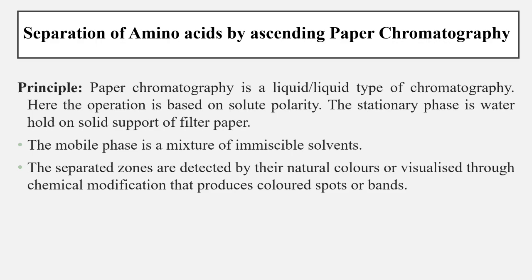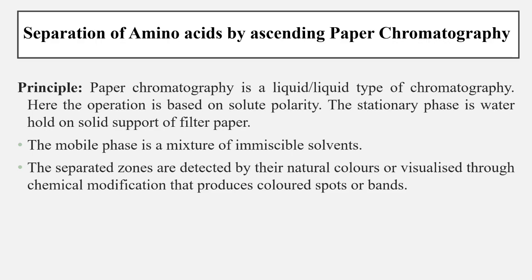The stationary phase is water, which is held on a solid support of filter paper. Remember, the paper is not the stationary phase, but the liquid held on the filter paper is regarded as the stationary phase. The mobile phase is a mixture of immiscible solvents.